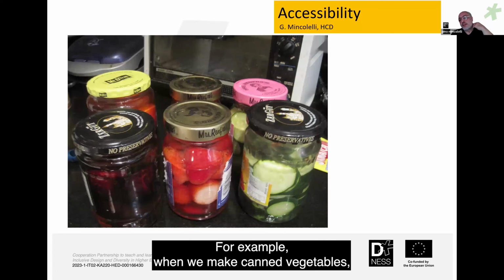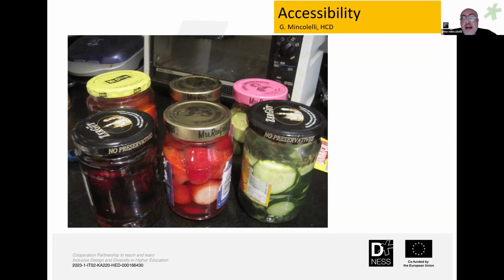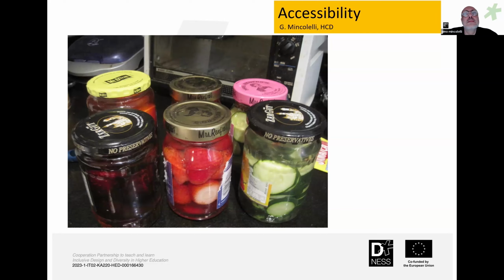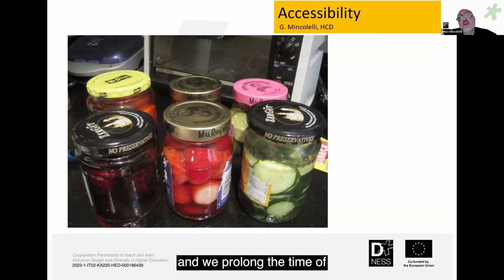For example, when we make canned vegetables, we are protecting the vegetables from natural degradation, and we prolong the time of consuming even after the natural season.